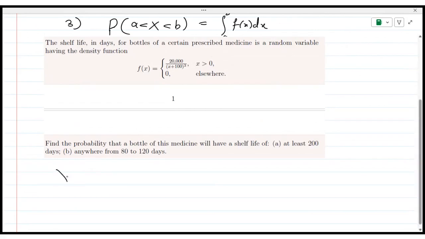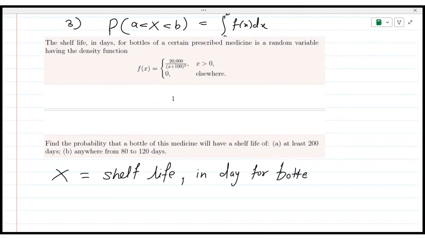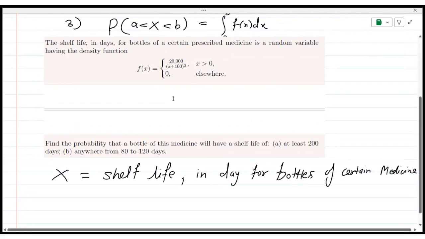The random variable we denote by x. So x is the shelf life in days for bottles of certain prescribed medicine. Okay, so x is shelf life in days for bottle of certain prescribed medicine.